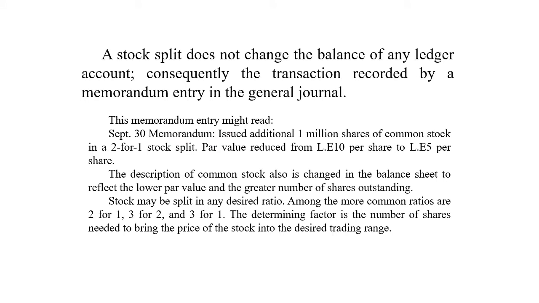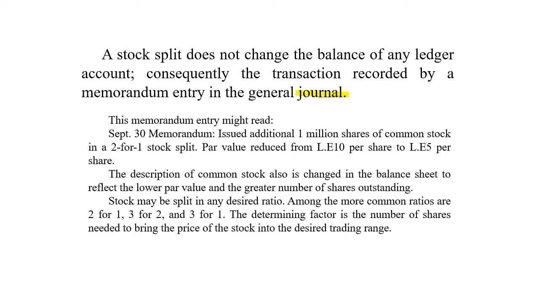A stock split does not change the balance of any ledger account. It didn't change anything about the cash. No cash in, no cash out. No more capital, no less capital. No assets, no liability, no revenue, no expense. It doesn't have any effect on any ledger account. That's why in the journal we do not have a debit or credit for recording a stock split.